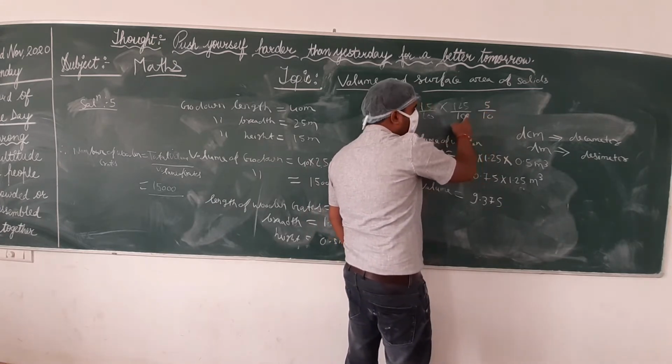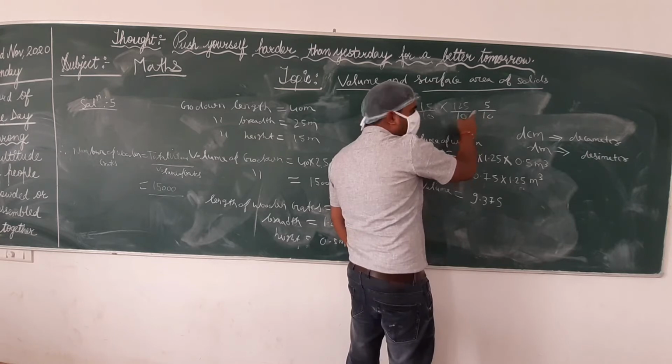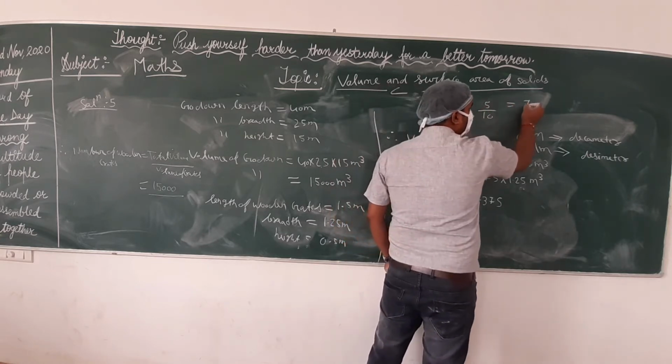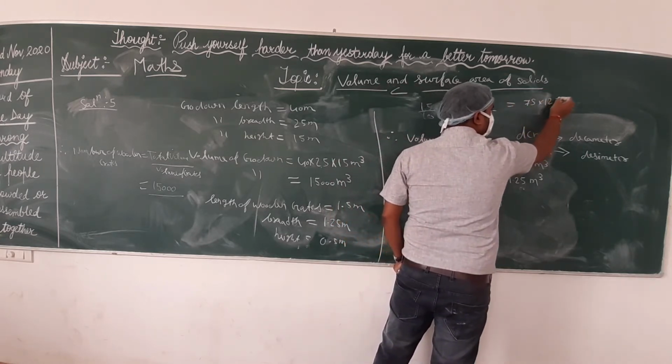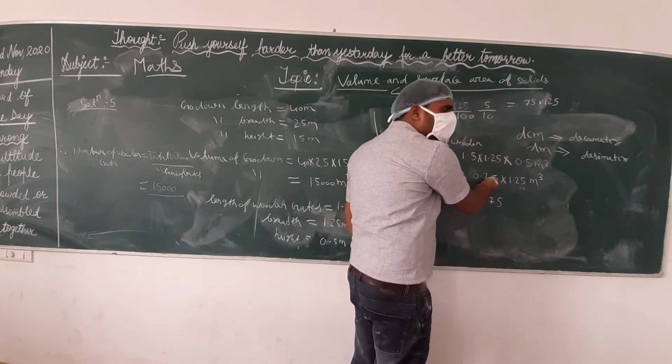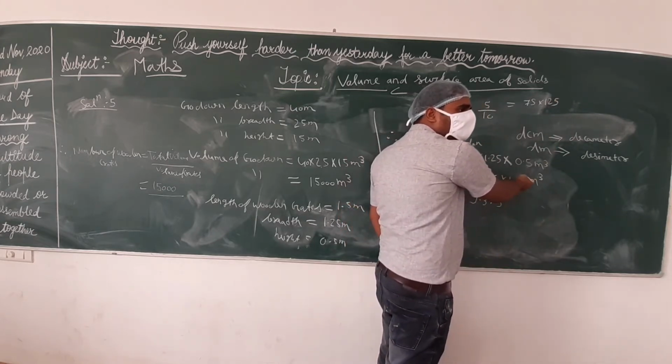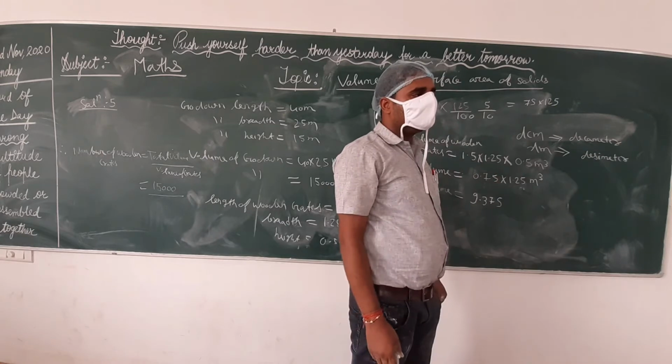You see that after that 15 into 5 is 75, into 125, we have calculated or not? This is the same we have calculated here, 25 into 125. What is the difference between them?